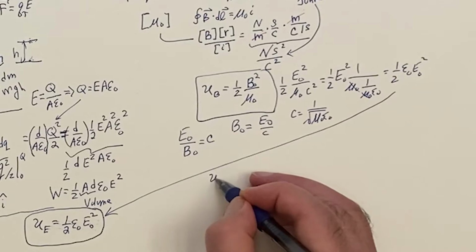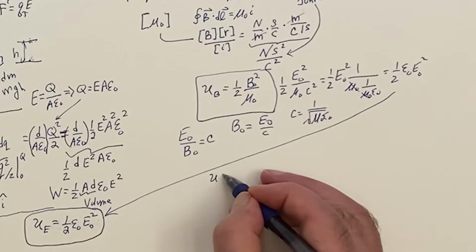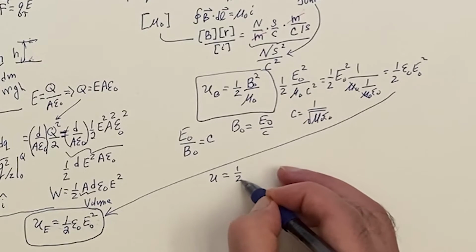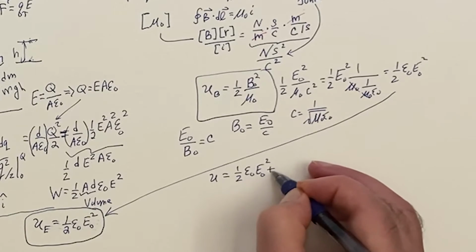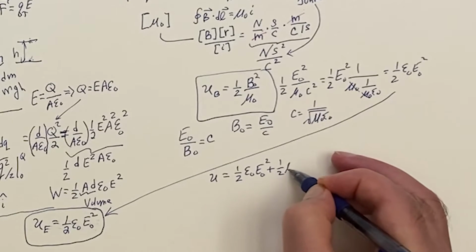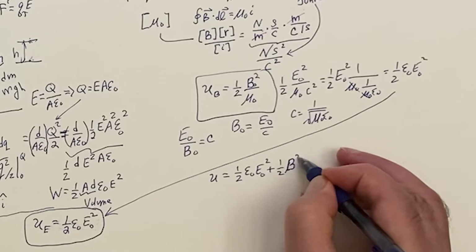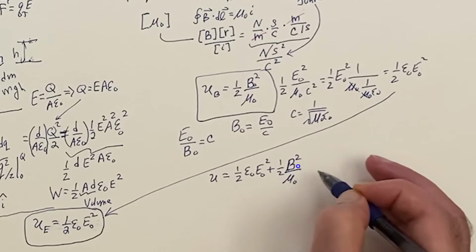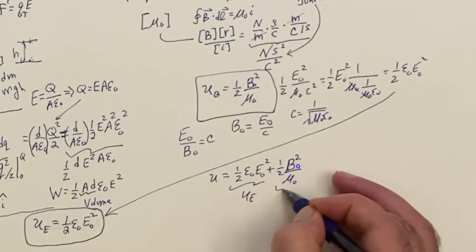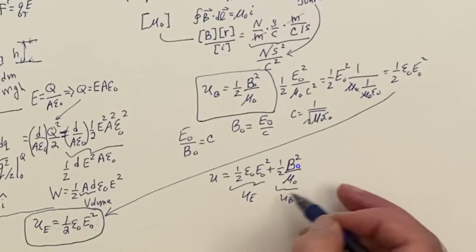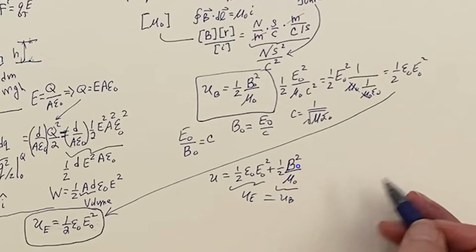So that means the total, which would be 1/2 epsilon naught E naught squared plus 1/2 B squared over mu naught. This is the electric, this is the magnetic, and these two are equal.